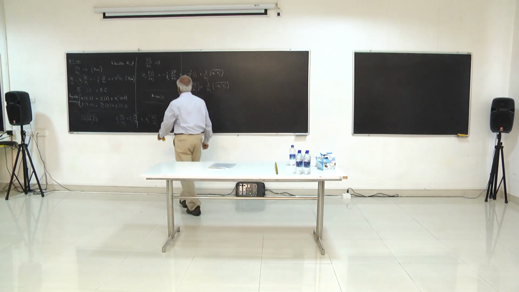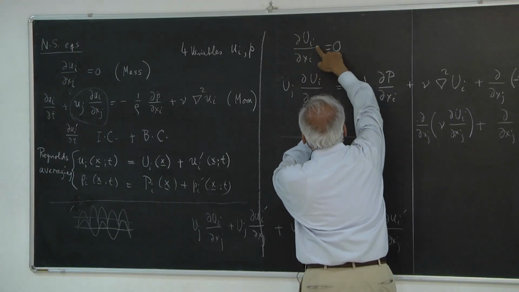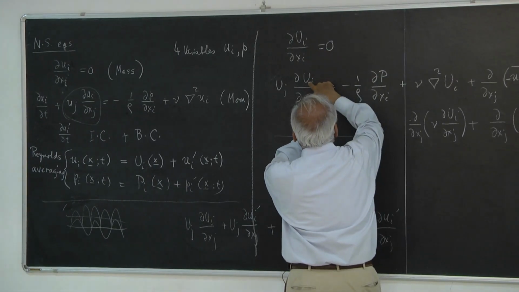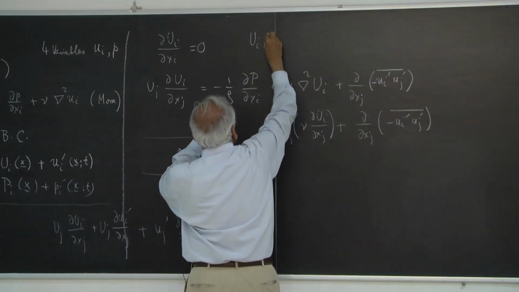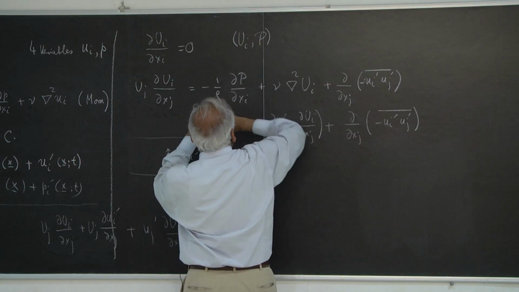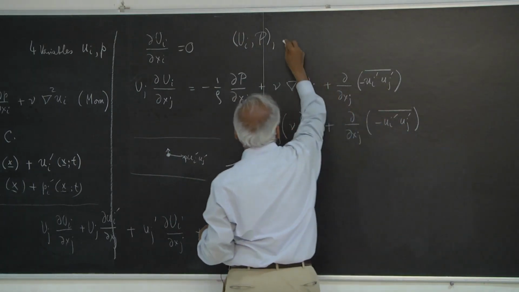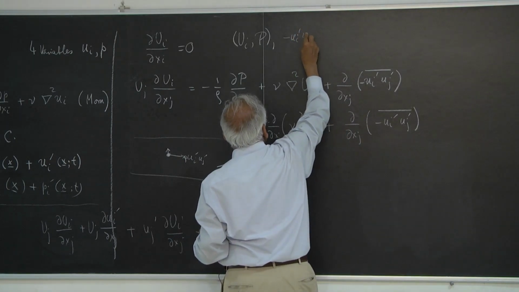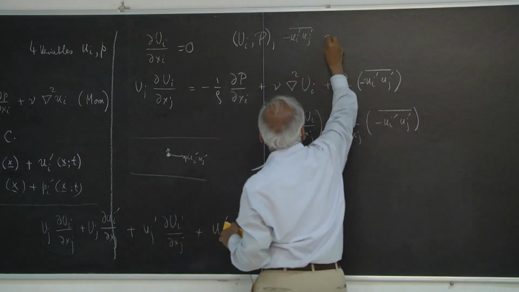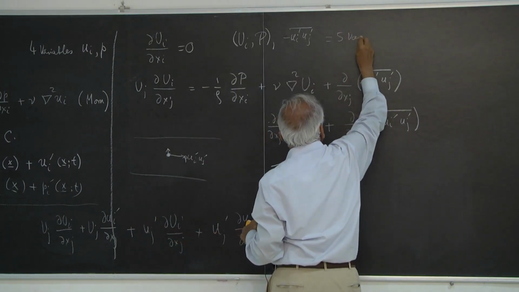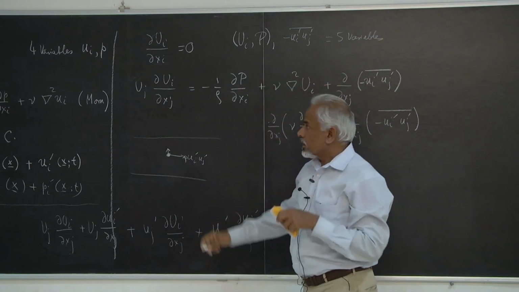Now here what is happening is I have four variables, the velocities and pressure, u_i and p, and then I have this additional variable here, which is minus u_i prime u_j prime. Therefore this is five variables, but I only have four equations, right?